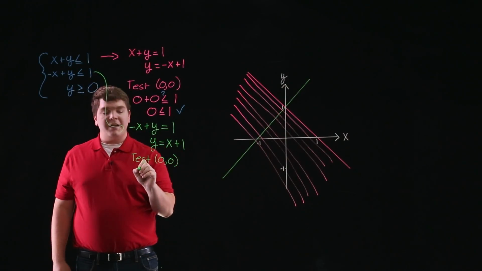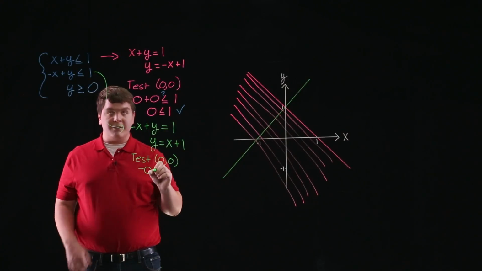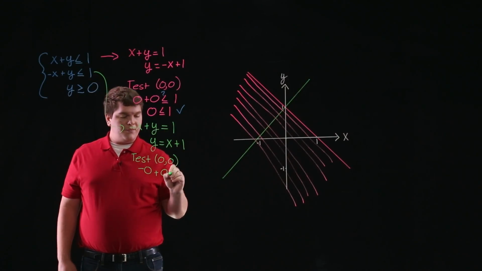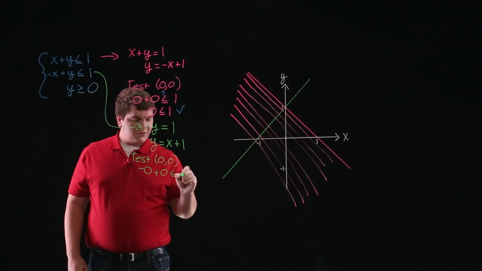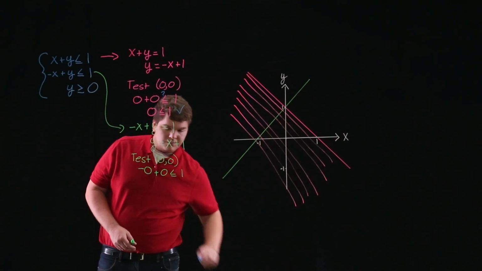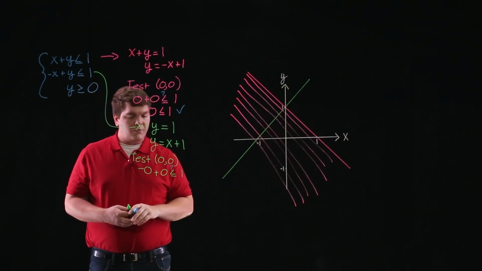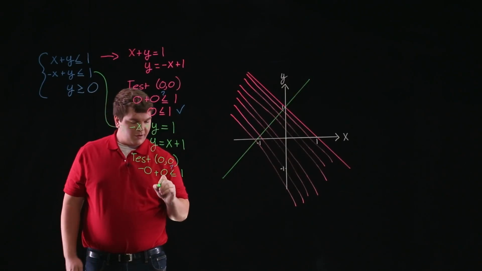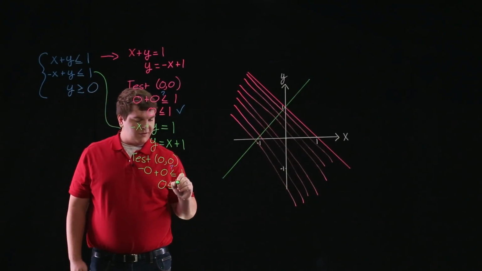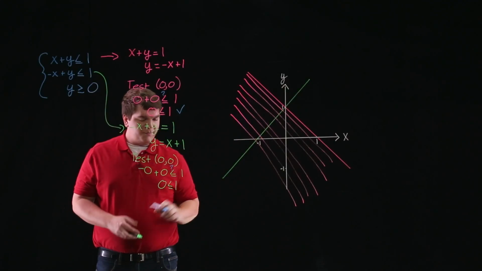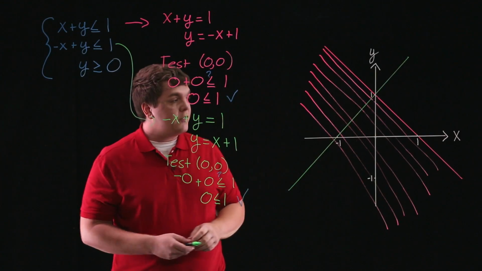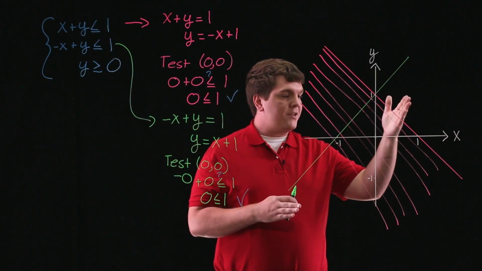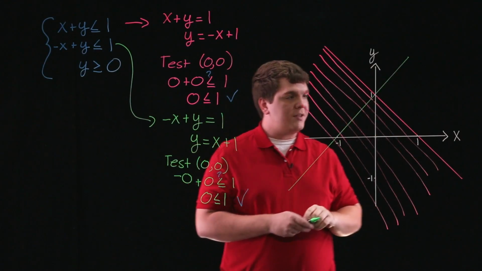So we want to know, is negative 0, which is just 0, plus 0 less than or equal to 1? And again, we have that 0 is in fact less than or equal to 1. So we can shade the region that includes (0, 0).